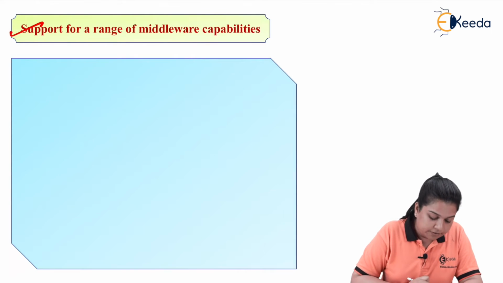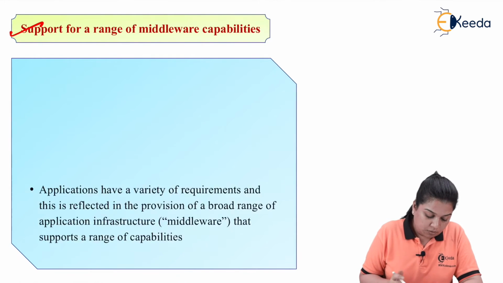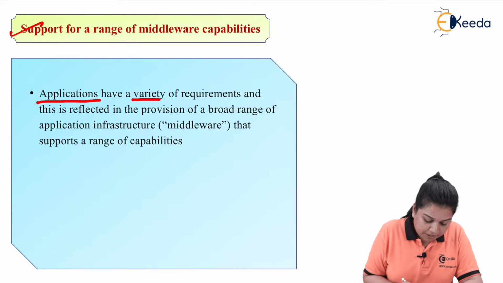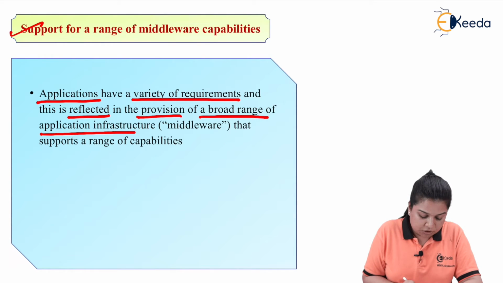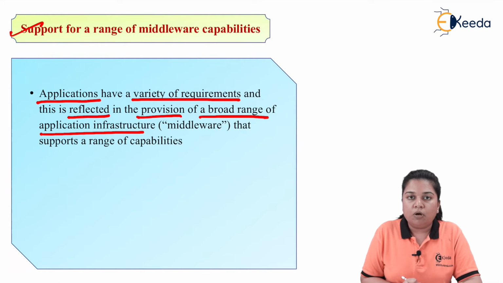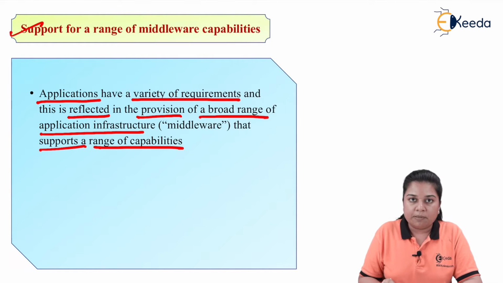Then another characteristic is support for a range of middleware capabilities. Applications have a variety of requirements, and this is reflected in the provision of a broad range of application infrastructure, also called middleware, which supports a range of capabilities.